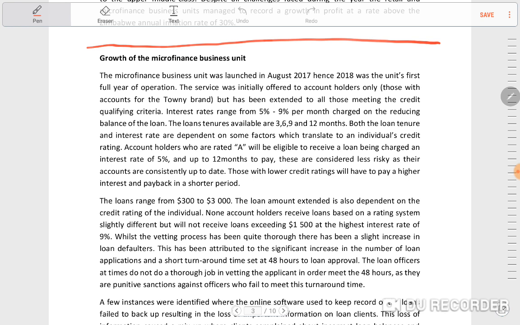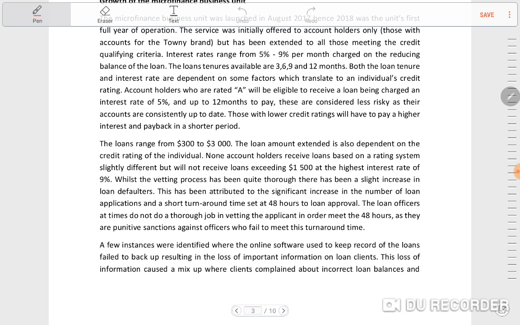For example, my specific trigger could be a few instances were identified where the online software used to keep the record of the loans failed to back up, resulting in loss of important information on clients. Now, I have identified my trigger.